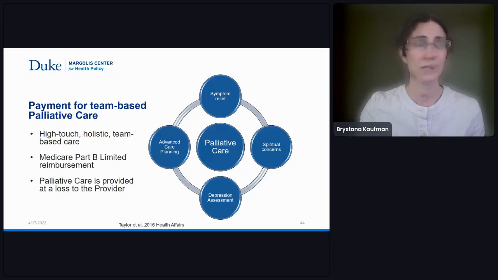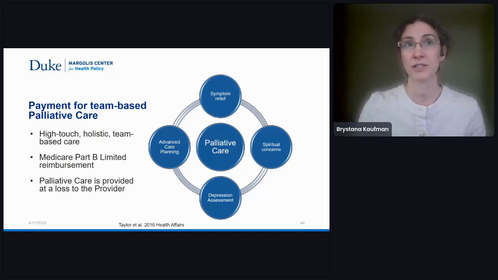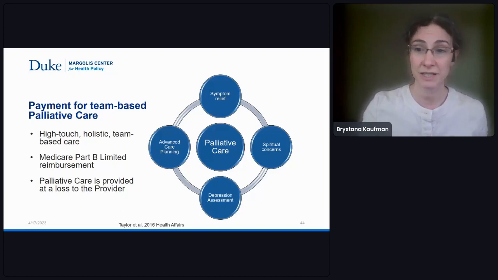care. So there's a lot of prior work that shows that this is a high value intervention, and yet in the CMS context, at least, the reimbursement is pretty limited through Part B. Especially when you think about an interdisciplinary team, so many different providers who are working together to provide this really tailored, high-intensity support for individuals as well as their families.